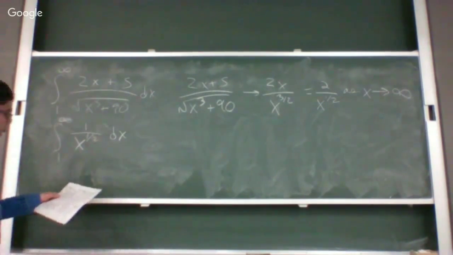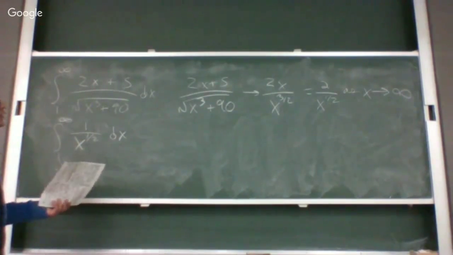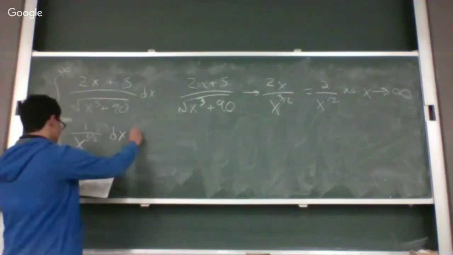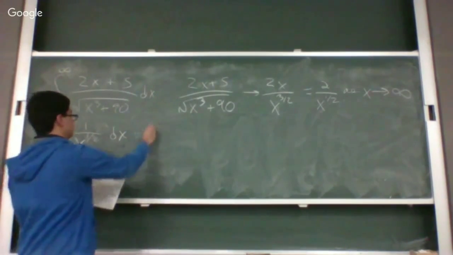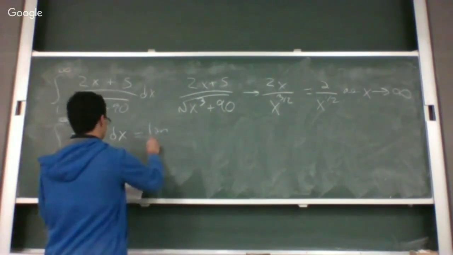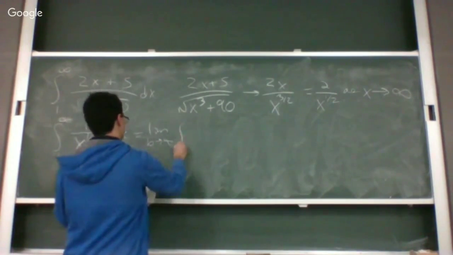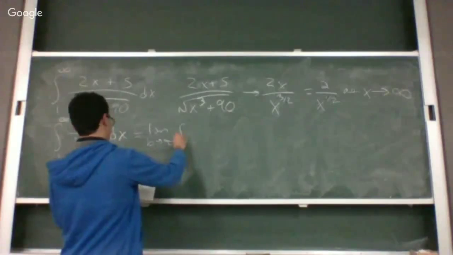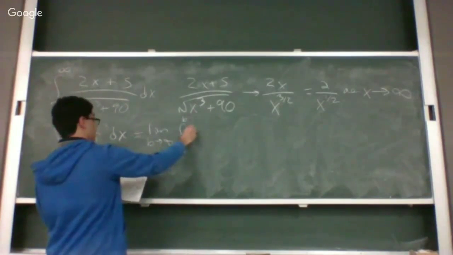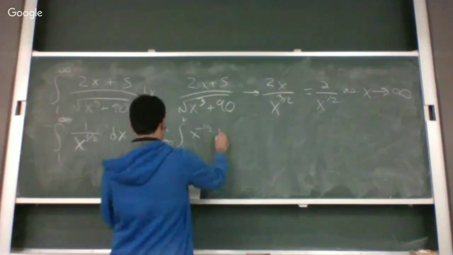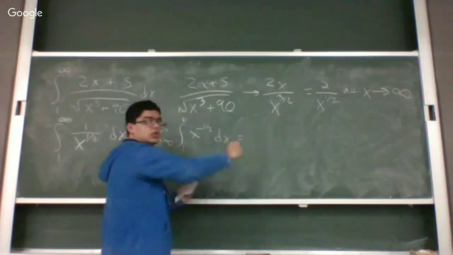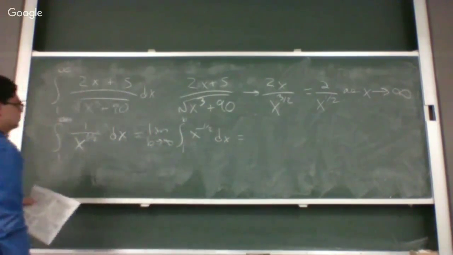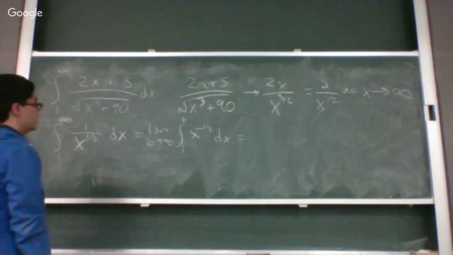In the problem, they do drop the number that they have, but it shouldn't make a difference. So we have to do the limit as b approaches infinity from 1 to b of x to the minus 1/2 dx.